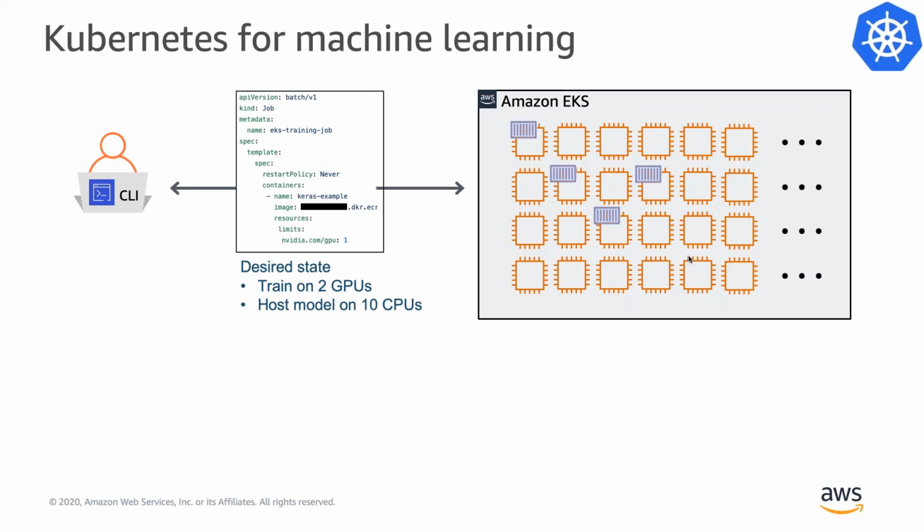In this case, for machine learning, it may be that you want to train a model on 2 GPUs, or you want to host a model on a Kubernetes cluster that should be backed by 10 CPU instances. So you specify this desired state declaratively in this sort of a specification file that you see here, typically written in YAML format. And then Kubernetes is responsible for taking your workload and scheduling them on the cluster.